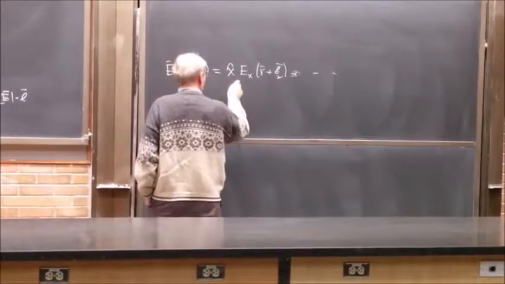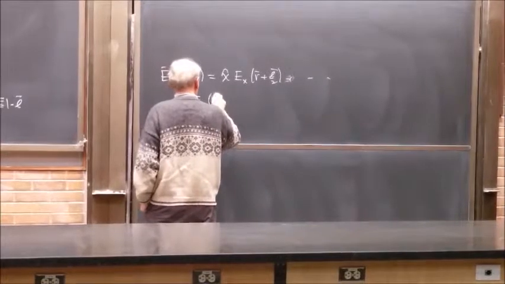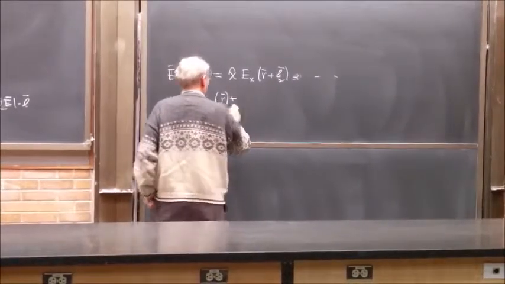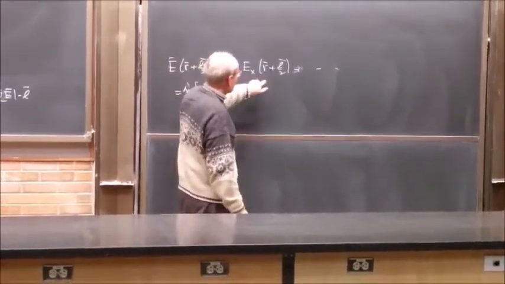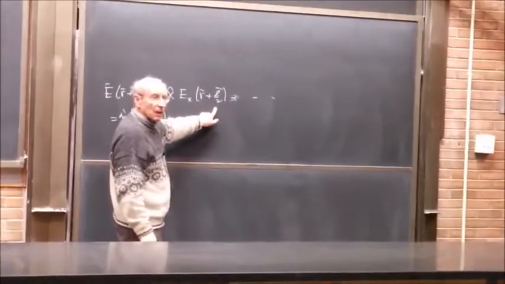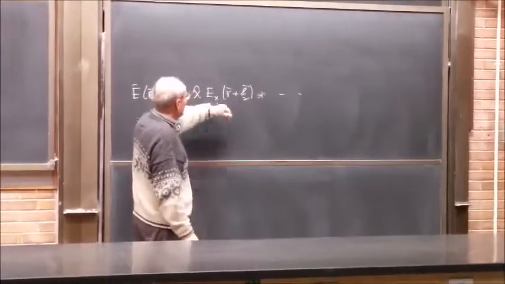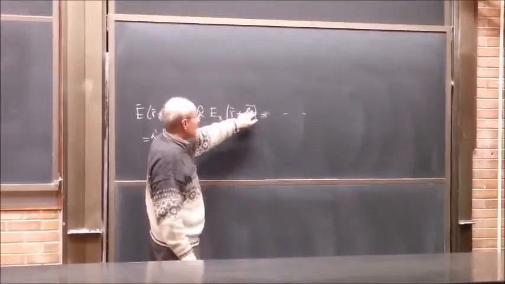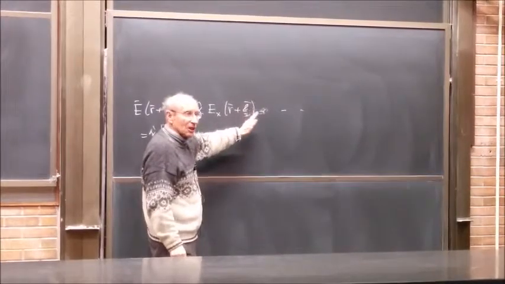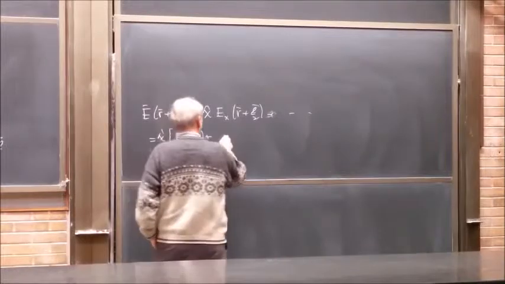Now, what is this? It's Ex evaluated at r plus the change in Ex as you go from r to r plus L over 2. And that will be the change in Ex with respect to x times the distance you go in x, plus the change with respect to y times the distance you go in y.